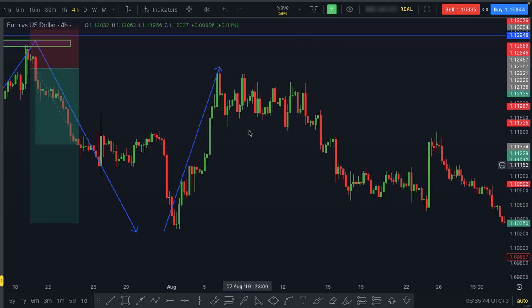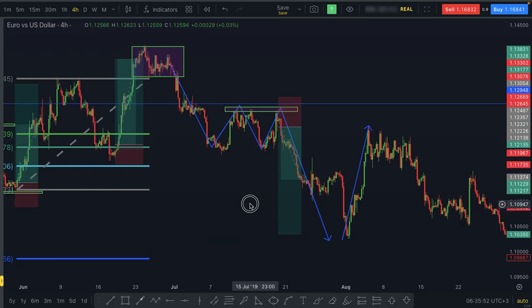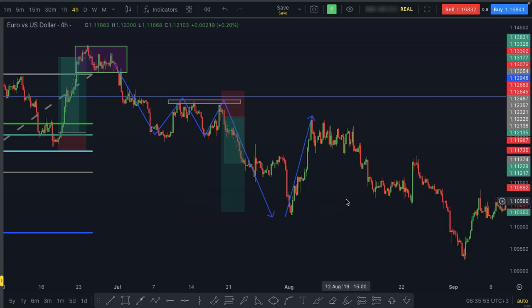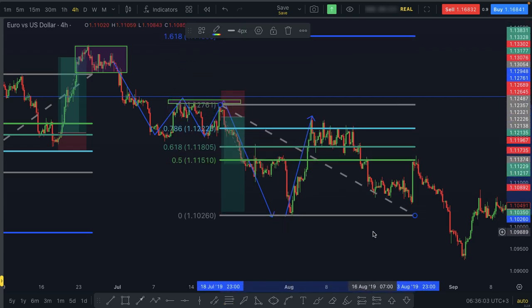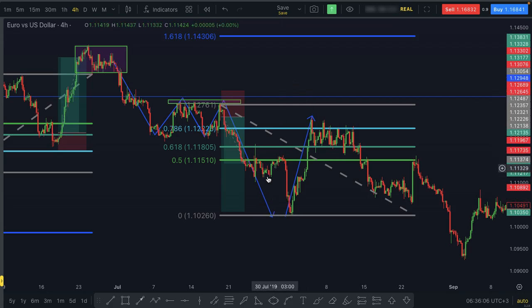Okay, so once it comes around here, we want to see how we can get entries around there. Then let's first see. Again, we can as well plot our fib extensions around here. You can as well put it here, and push to this point. Let me first erase this a bit. So it's from this point to this point, and then to this point.